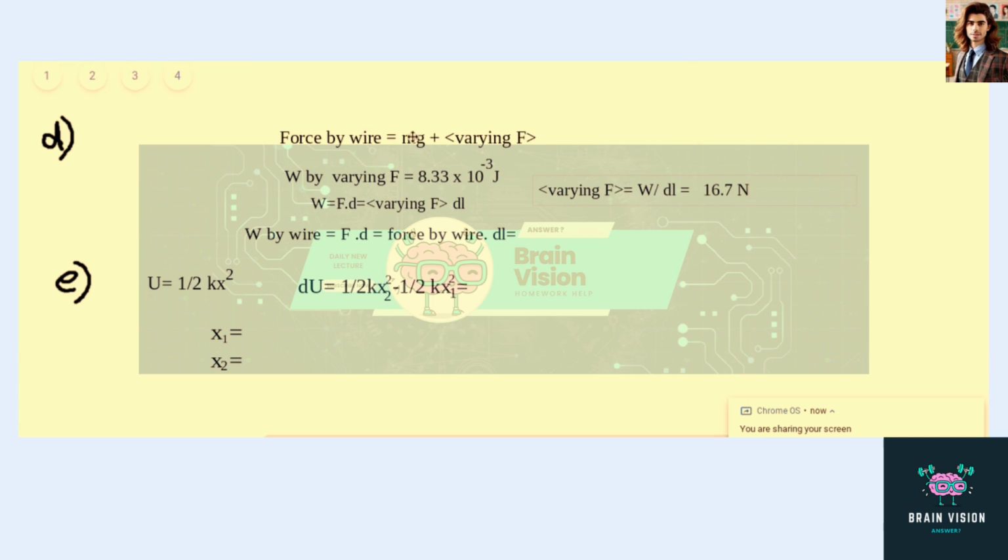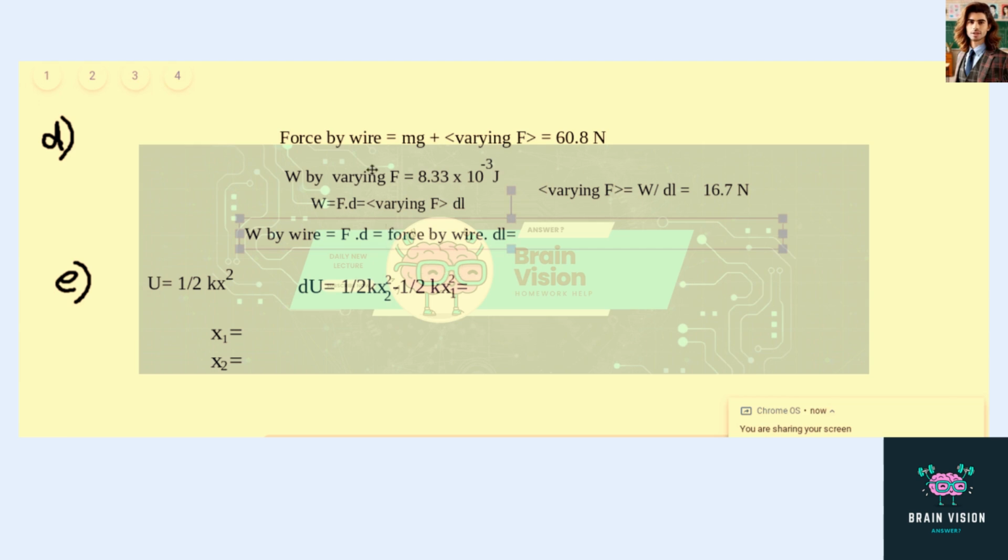Again, we plug this back into this equation. So we get the force by the wire is equal to 60.8 newtons. So now the work done by the wire will equal to the force times displacement, the dot product of force and displacement. But since they are along the same direction, we can say that, no, sorry, they are not along the same direction. They have the opposite direction.